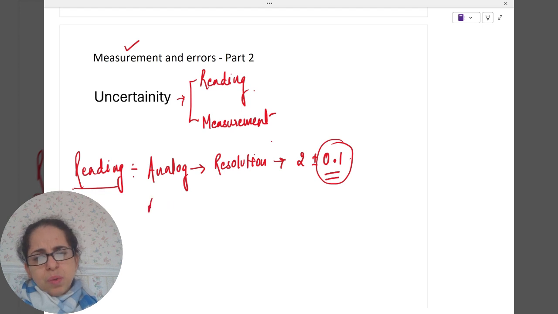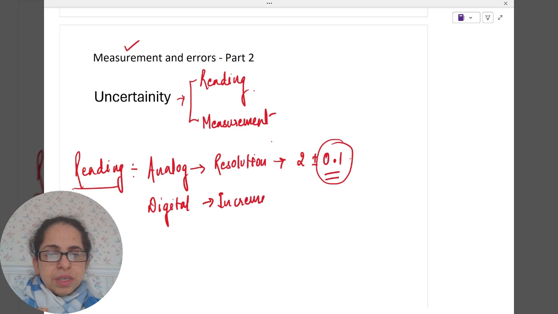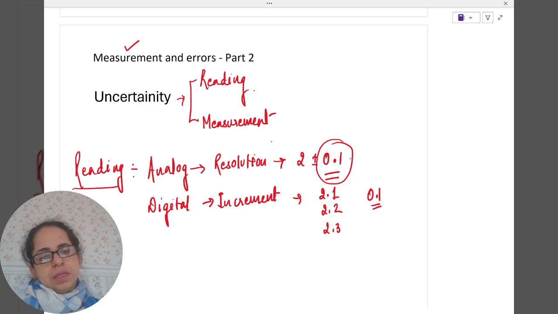If it's a digital one, let's say a digital voltmeter or a digital ammeter, or a digital thermometer, the increments that it gives, for example, it measures 2.1 volts, 2.2 volts, 2.3 volts, so 0.1 would be the uncertainty.